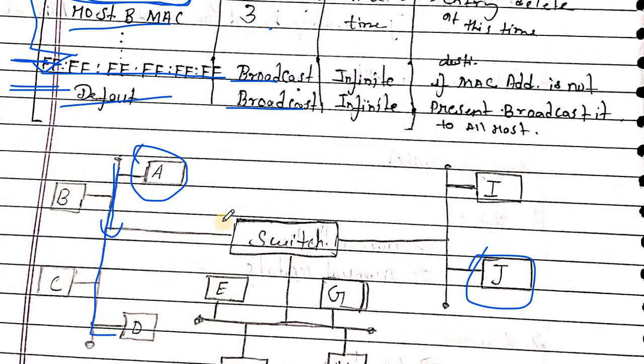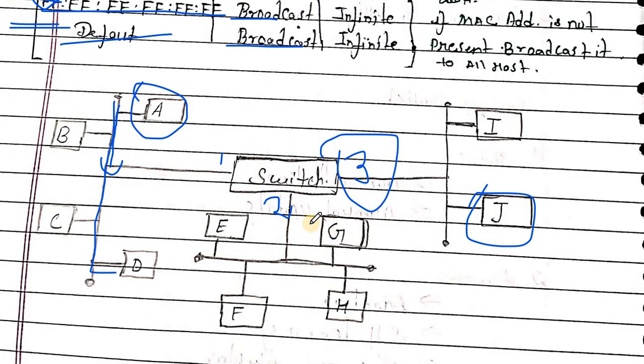The interface is different, meaning the frame is coming from port 1 and the destination host belongs to port 3. Now the switch does selective forwarding: it forwards the frame from port 1 to port 3, and does not send the frame to port 2 because the destination MAC address belongs to port 3.